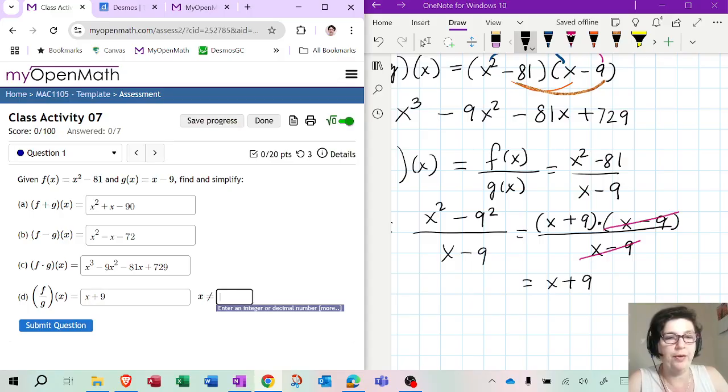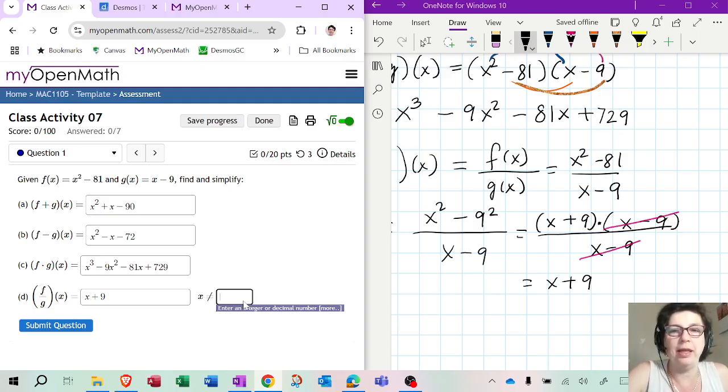However, we do have to put something in this box. Something is wrong. Well, when you look at x plus 9, that's not a ratio. So nothing is wrong. You're not dividing by 0. Everything is fine. Well, when you were canceling that common term, you actually make an assumption that x minus 9 is not 0. What would be a problem with that? Well, if x minus 9 was 0, then you would have had a 0 on the bottom, which is not allowed.